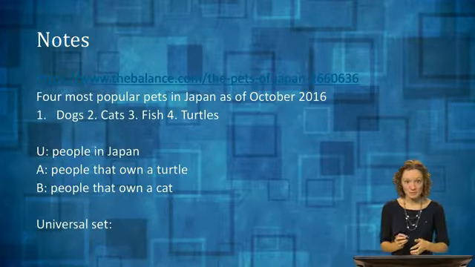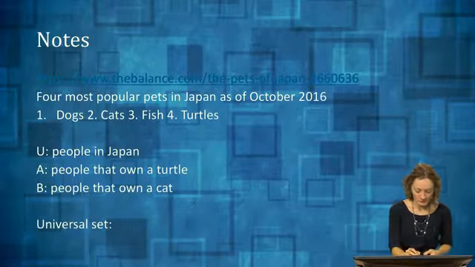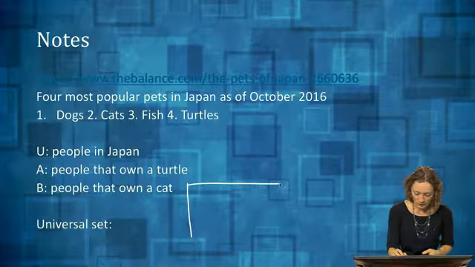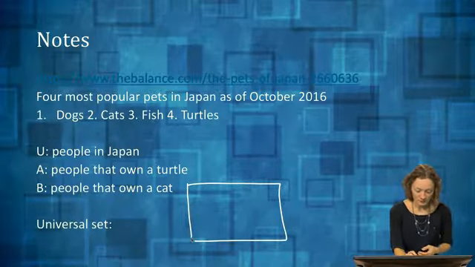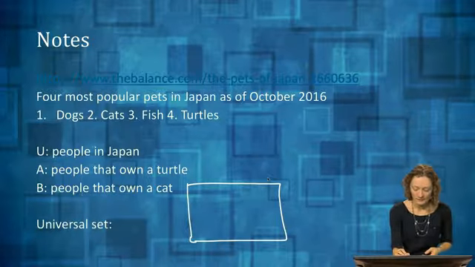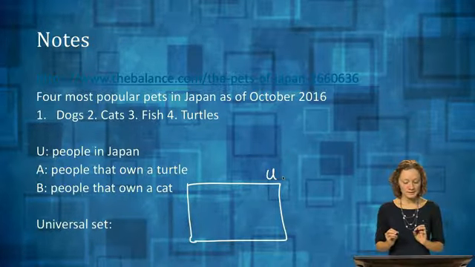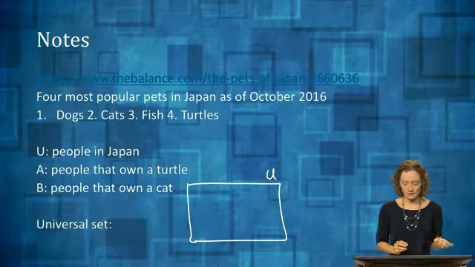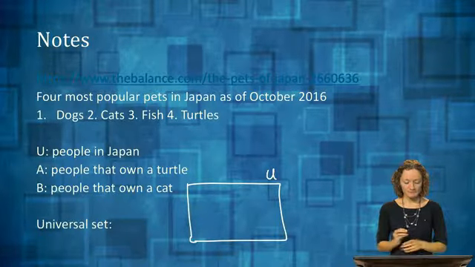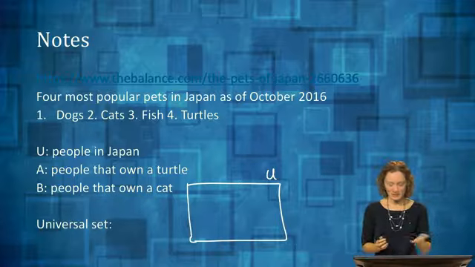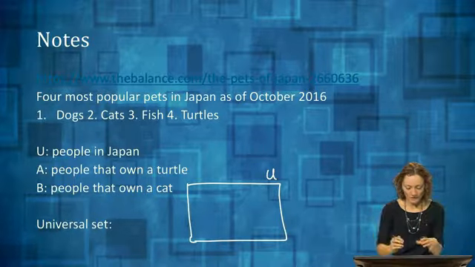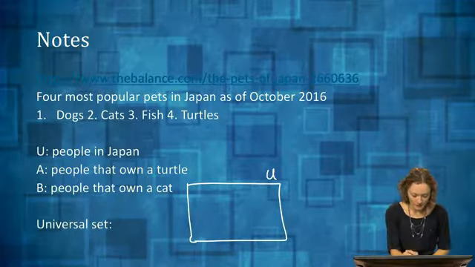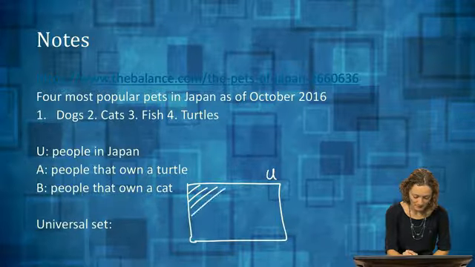All right, so the visual representation of the universal set. We'll typically draw the universe in the shape of a rectangle. This is how you'll typically see it drawn. And we'll have a U up top just to indicate that it's the universe. You don't really have to draw that U there, and it technically could be a different shape, but this is what I'm going to stick with. So everything is contained inside the universe, that is, the people in Japan.